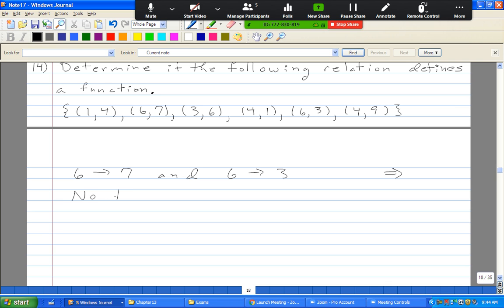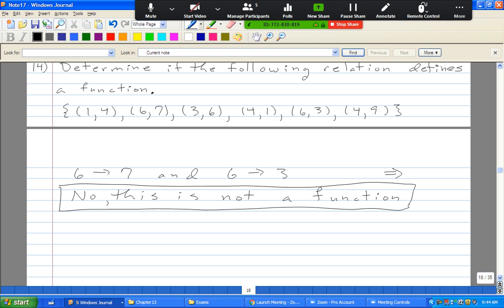So this set of ordered pairs does not define a function.